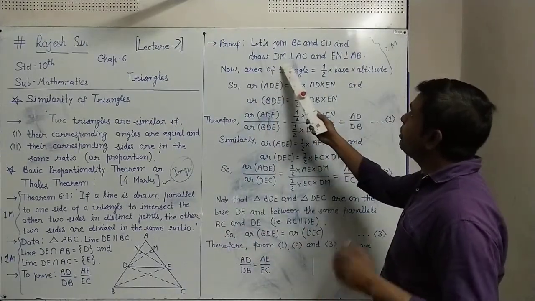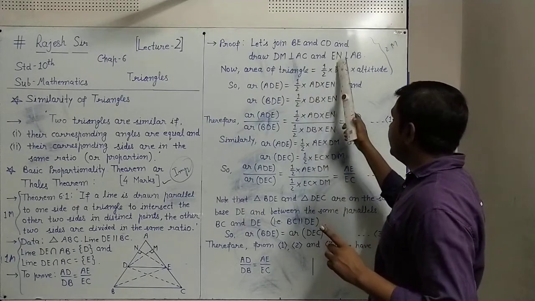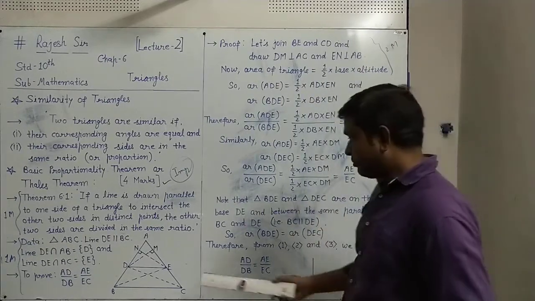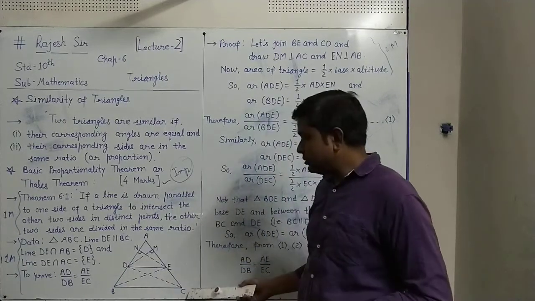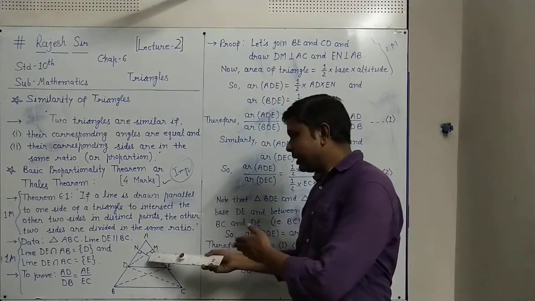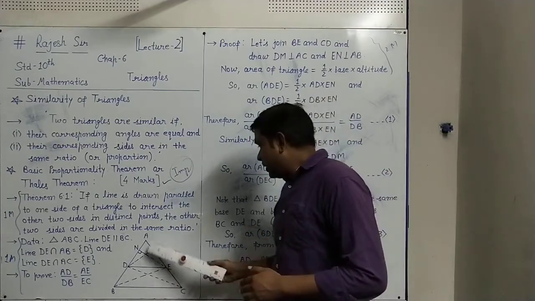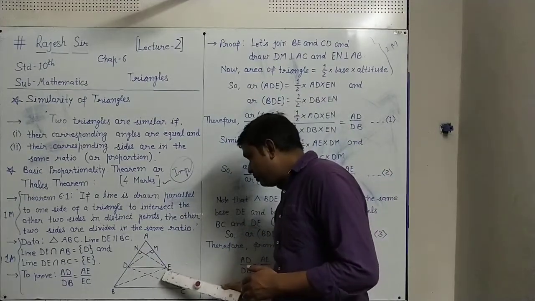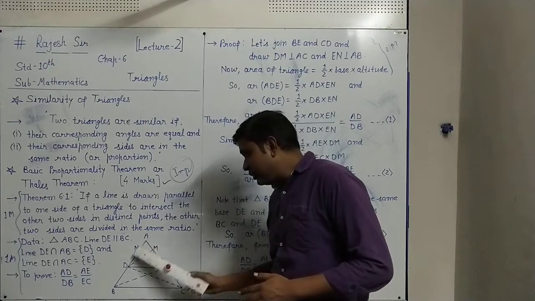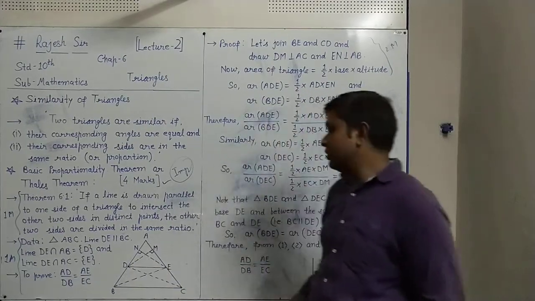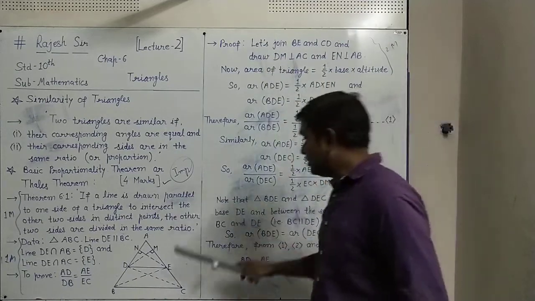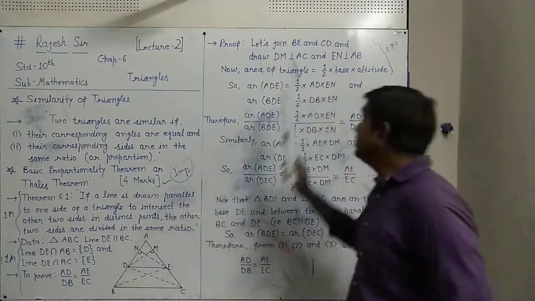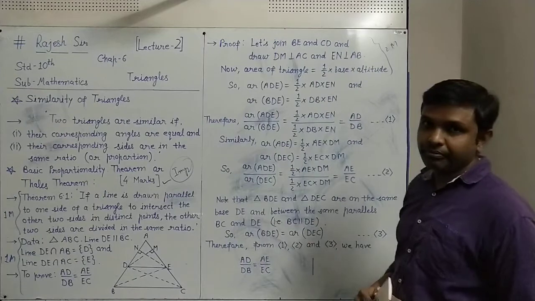Then draw DM perpendicular to AC, making 90 degrees, and EN perpendicular to AB. So DM is perpendicular on AC and EN is perpendicular on AB. These two are drawn.